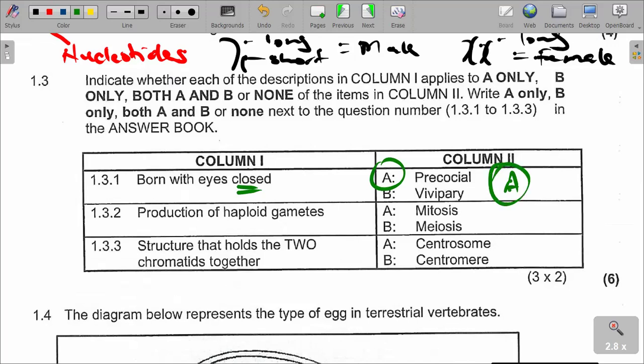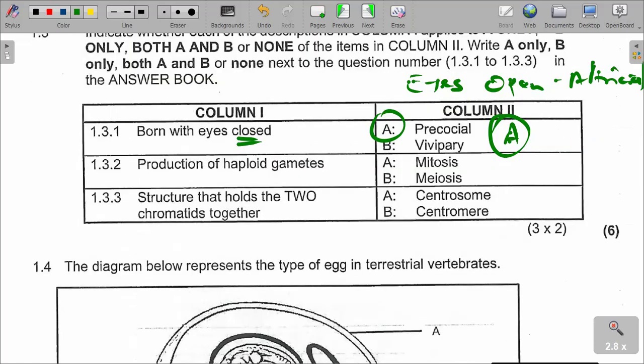The opposite of this is altricial, which are born with eyes open. That is altricial development, which is another question that would come at a certain other time, but I just want you to know that.